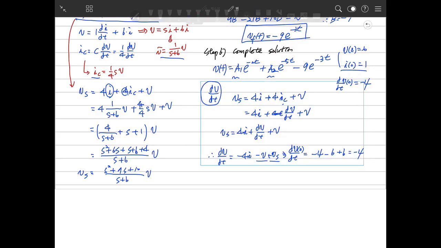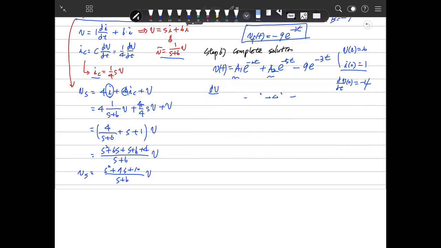So we eliminate this term here. So we got it. The dv/dt of t is minus 2A1 minus 5A2 plus 27. There will be minus 4, and v at t equal to 0 will be A1 plus A2 minus 9 is 6.